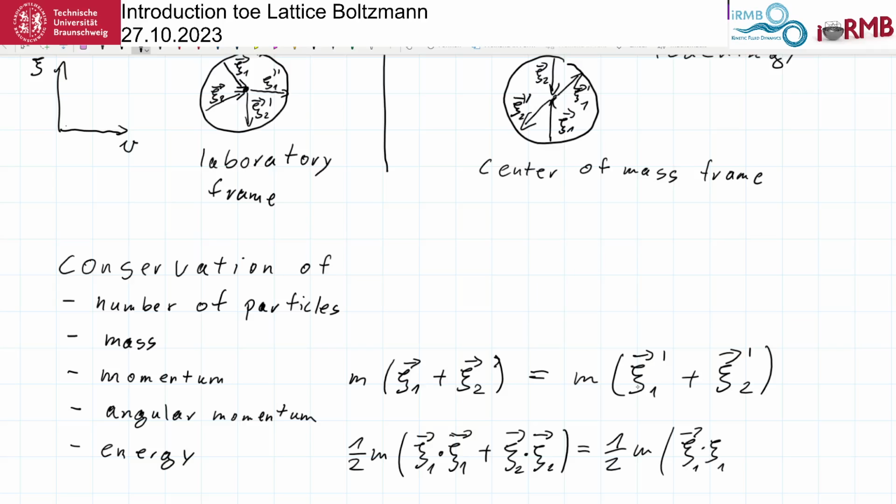So this is 1, 1, 1, and there's a dash, plus 2 dash times 2 dash. So this is what we know.